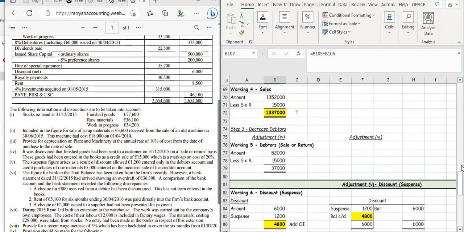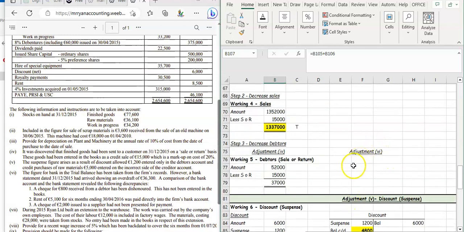So we go back up to our debtors adjustment, which is working 5. And the amount that we have is 37,000. The check needs to increase by 800.